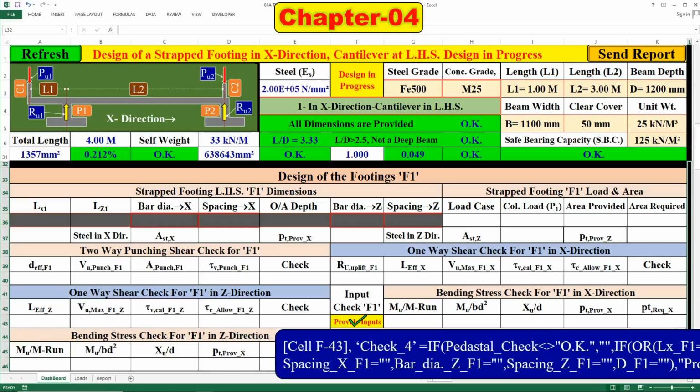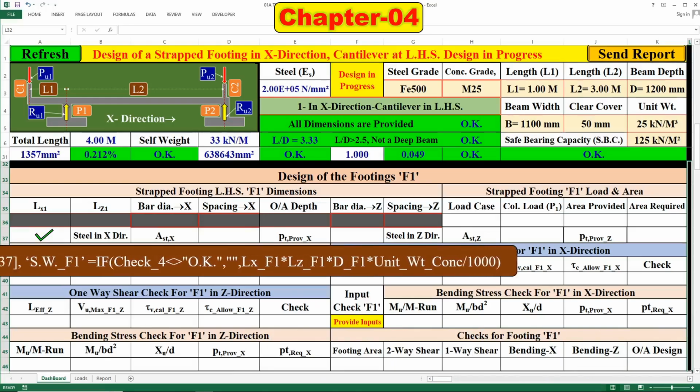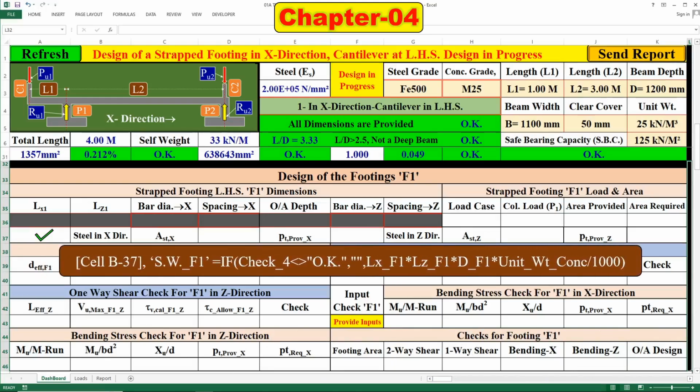Now, on screen, in cell B37, we are seeing the formula for the calculation of self-weight of the footing F1. Defined name of the cell is S.W._F1.